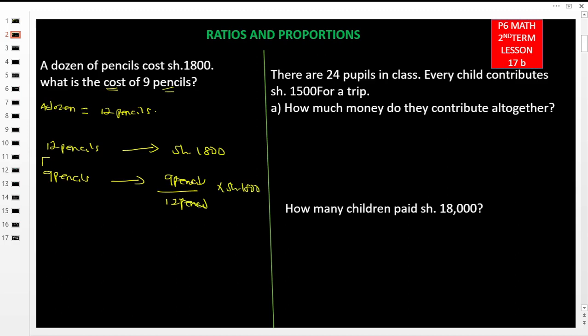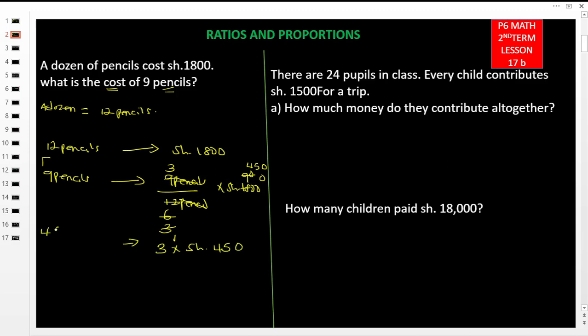Now a pencil with a pencil. So by 2 here we can take by 2, it is a 6. Then by 2 into 18 it's going to be a 9, then 0 0. Then by 2 it is a 3. Then by 2 into 90, that is 45. Then you bring this 0 here. By 3 1. Then by 3 here it is going to be 3. So this is giving us 3 times shillings 450.